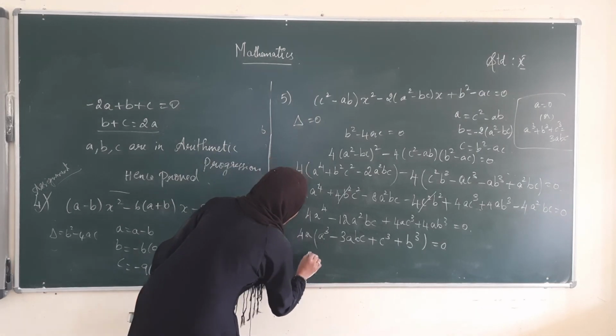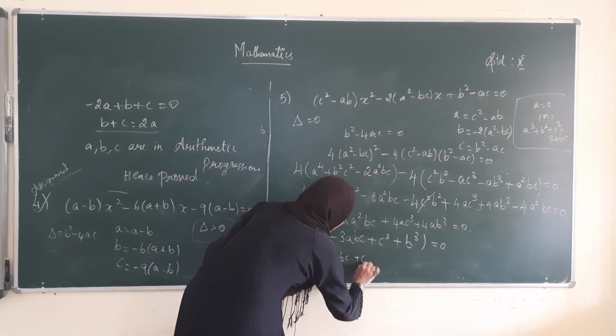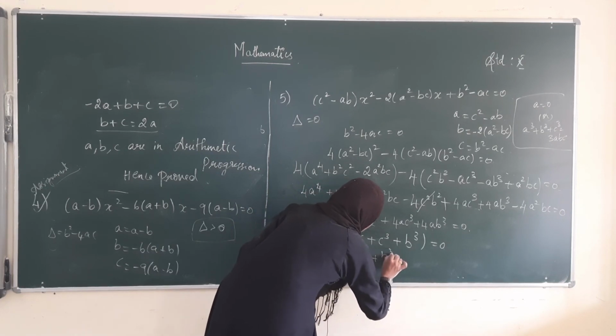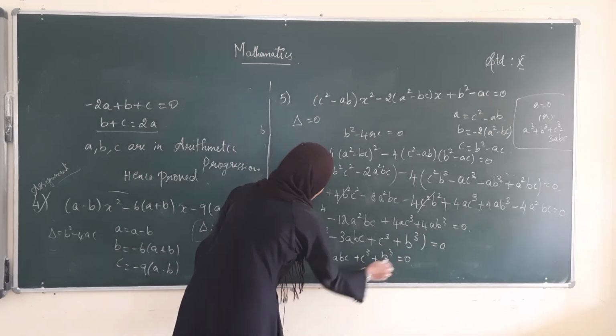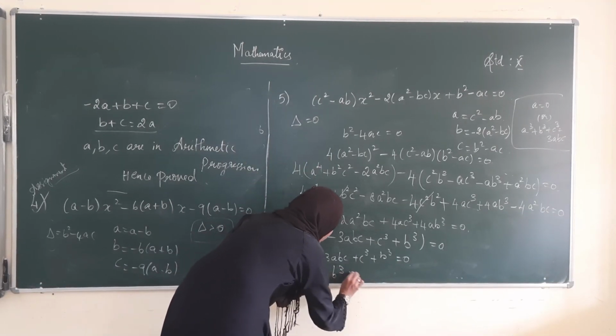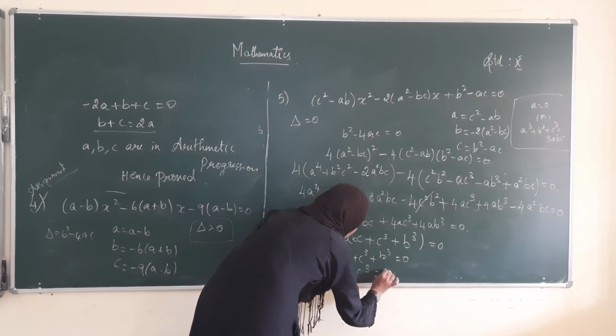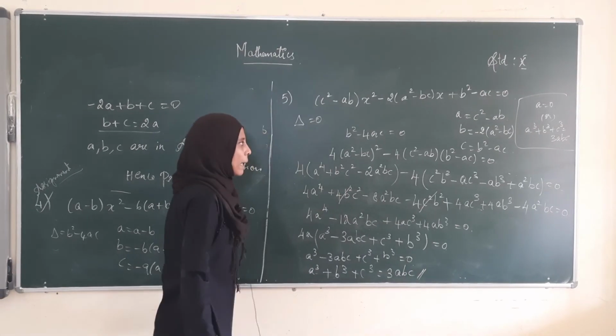So we have a cube minus 3abc plus c cube plus b cube is equal to 0. Now take minus 3abc to the right hand side. We get a cube plus b cube plus c cube is equal to 3abc. This is the thing we have to prove, right?